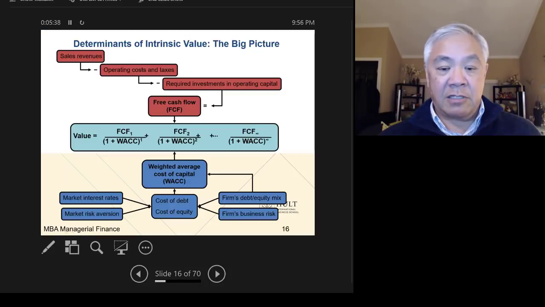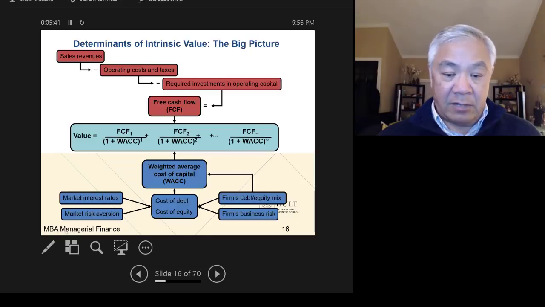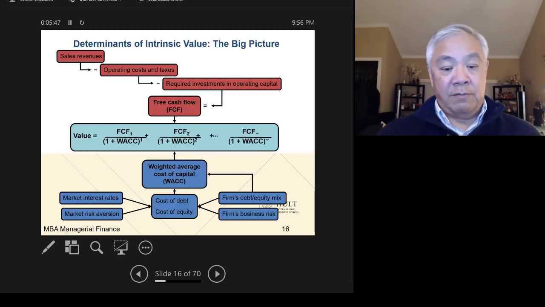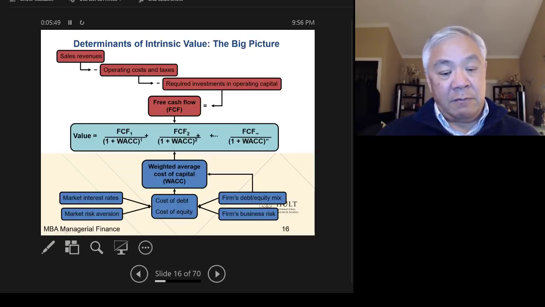A depiction of how this looks graphically is that the centerpiece here in blue shows what I was describing. Above it, we show how we derive the free cash flow. Sales minus operating costs and taxes minus required investments in operating capital is free cash flow. So that's how we get the numerator.